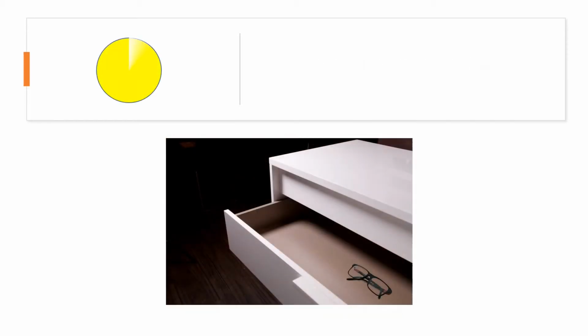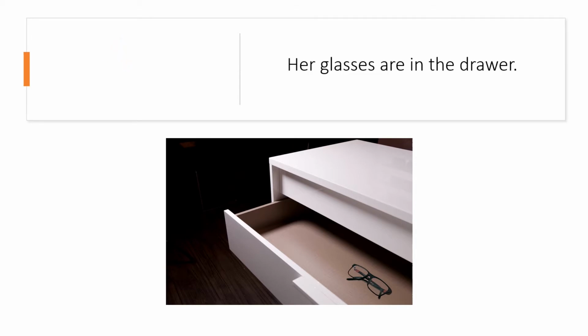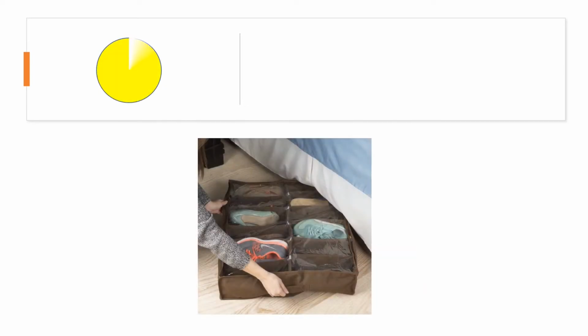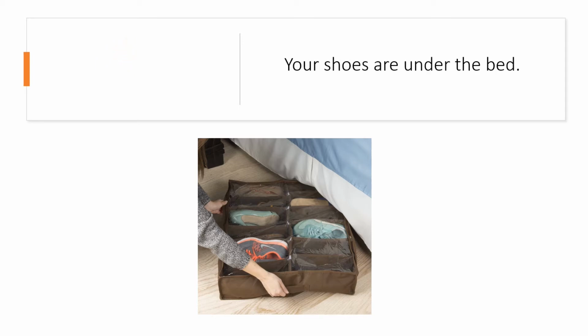Where are her glasses? Her glasses are in the drawer. Where are our shoes? Your shoes are under the bed.